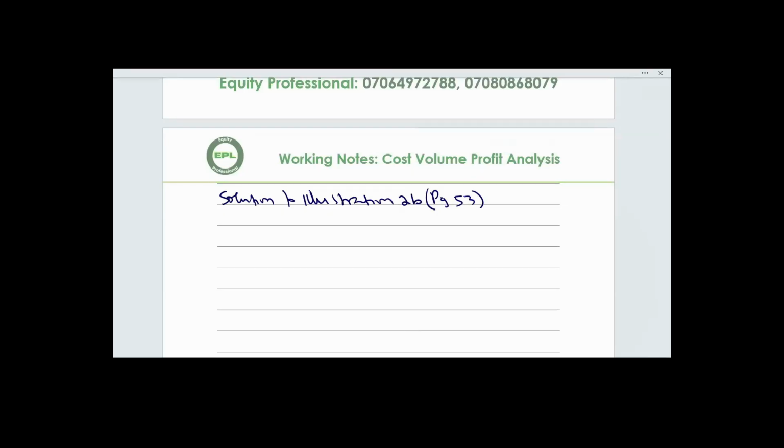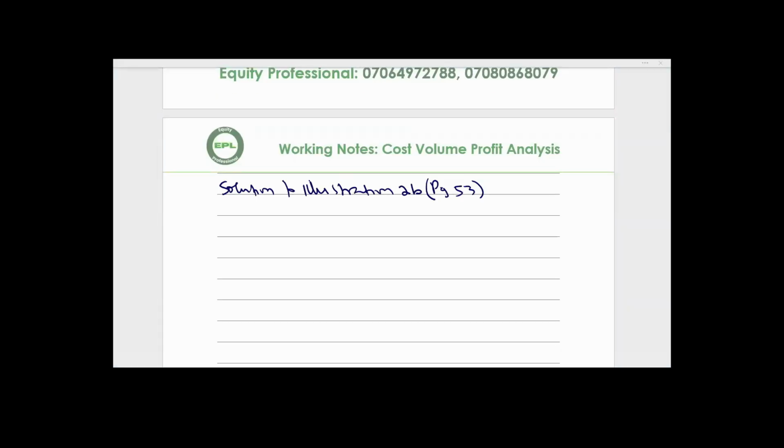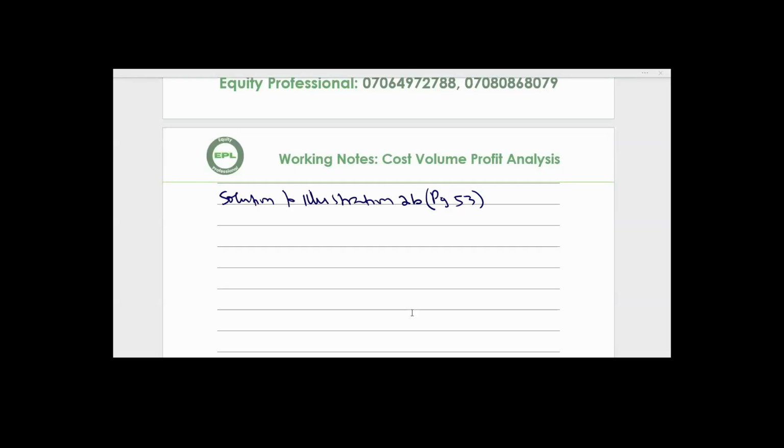In number 2A, examiner is asking you to explain or to define break-even point. You already know that, so let's move to B straight.